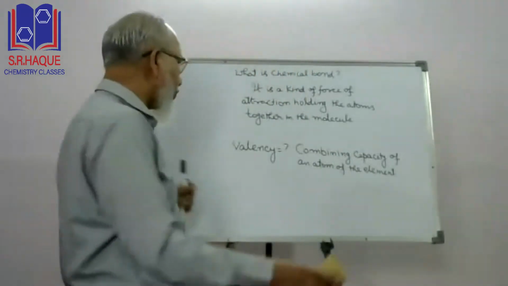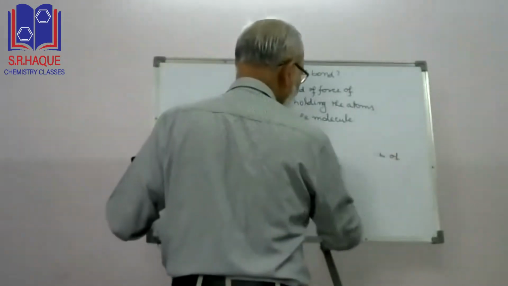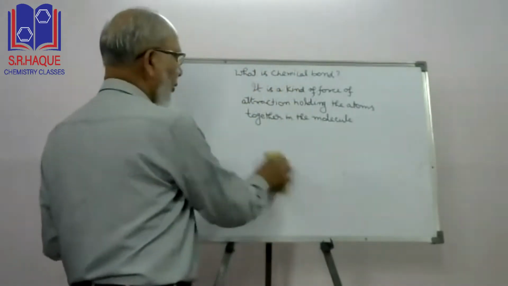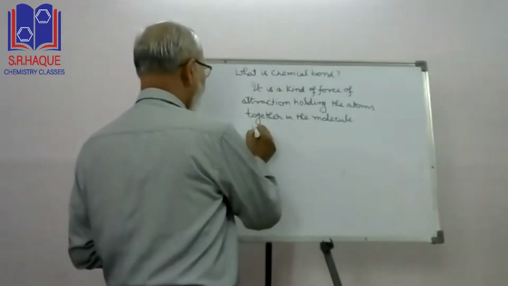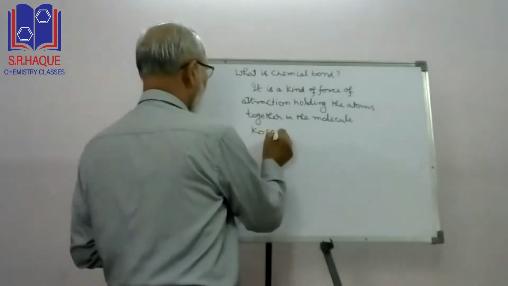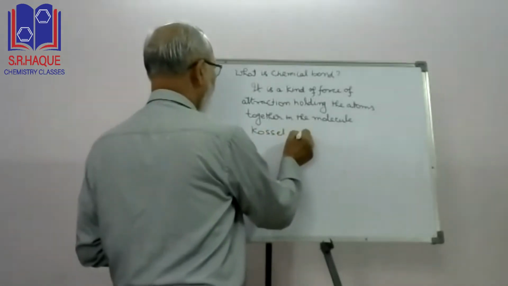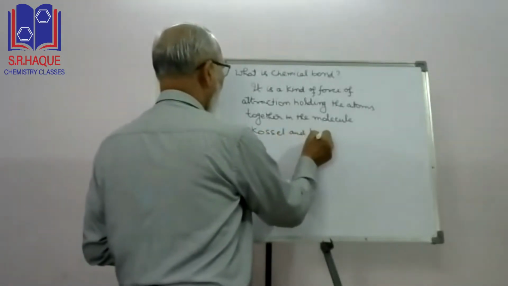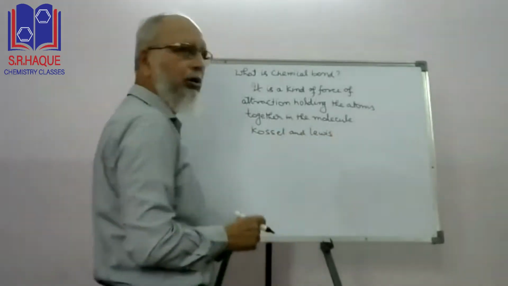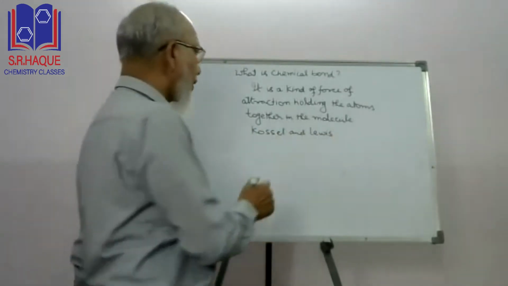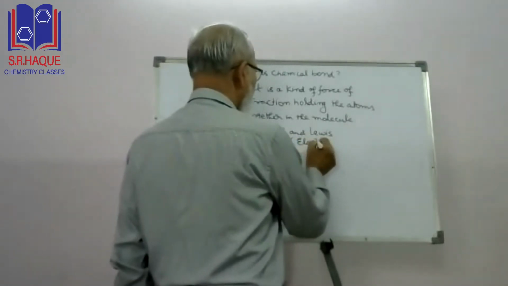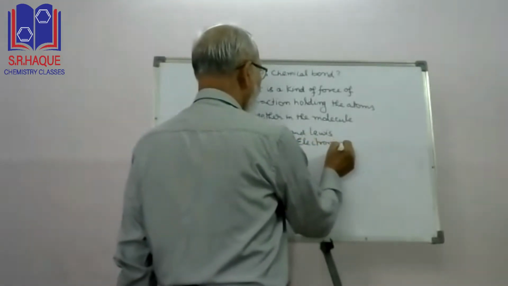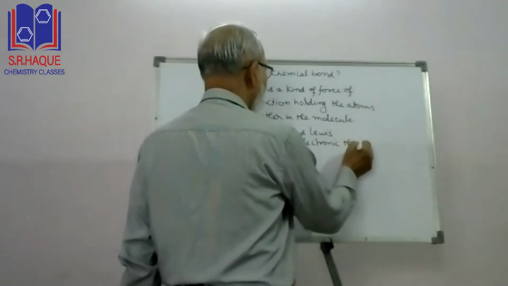This theory was proposed by Kossel and Lewis. It is also known as the electronic theory of valency.